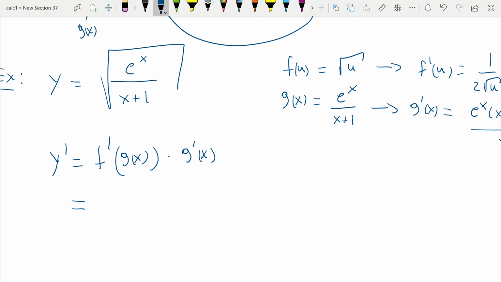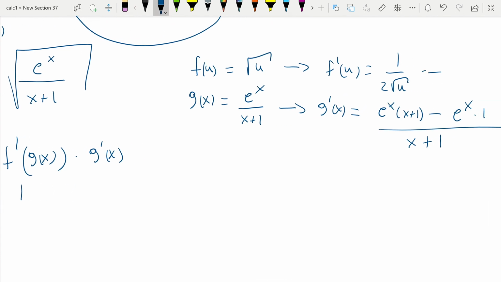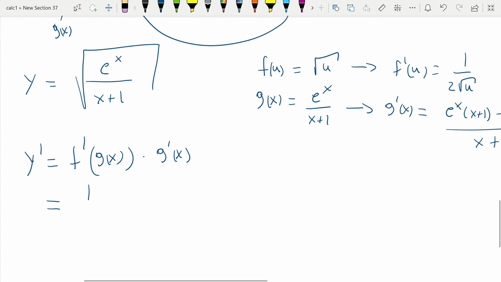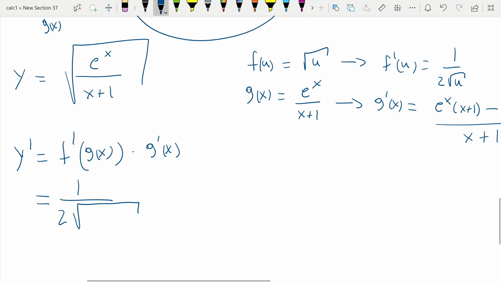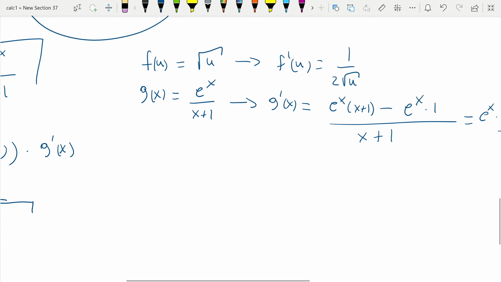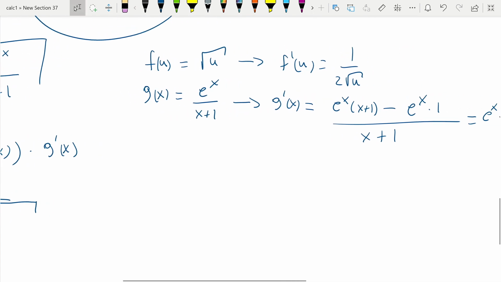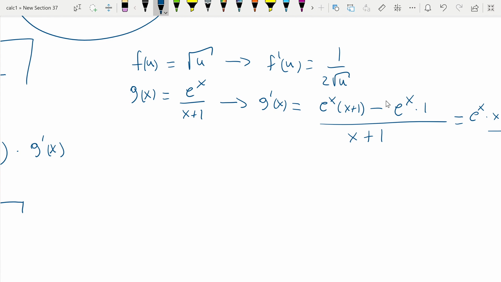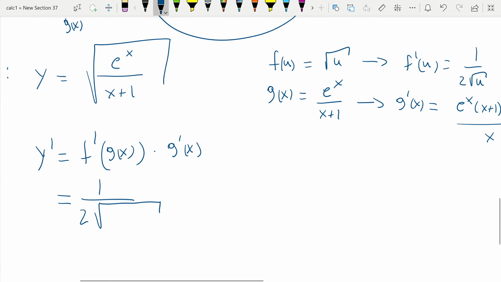So f prime is 1 over 2 times the square root of what's inside of f, which is g of x. G of x is e to the x divided by x plus 1. Again, f prime is 1 over 2 times the square root of what's inside of f, which in this case is g of x, e to the x over x plus 1.